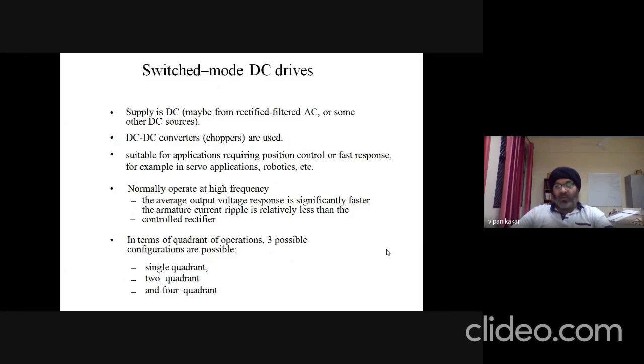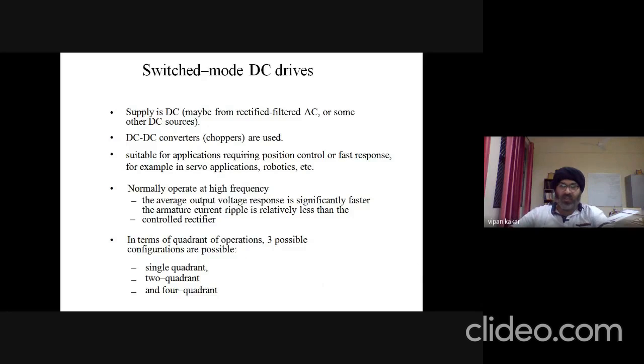So now, after we get to know the equations of these field and armature voltages and currents, how do we use these DC drives to operate DC motors? We have seen that switched mode DC drives give us lossless operation, ideally.